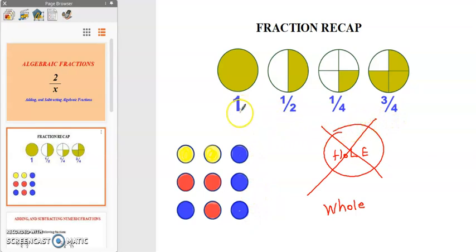For the entire circle here, you see just a 1, but if you analyze this more, this can be represented as 1 over 1. So a part of a whole.